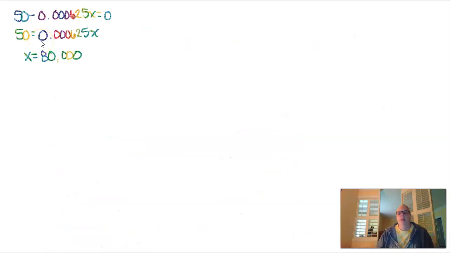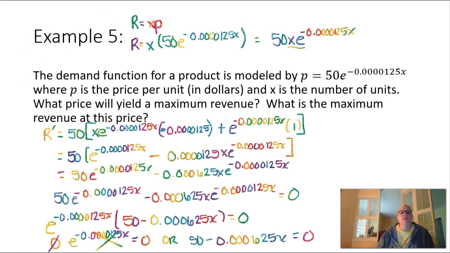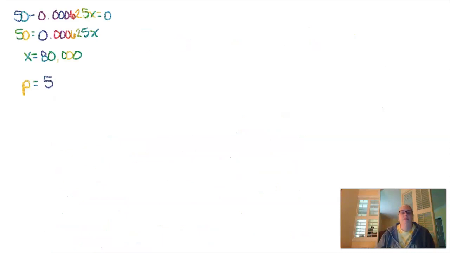Okay. So now we want to know what that price is when we make 80,000 of those units. So we're going to plug this back into our demand function. And our demand function was 50 times e to that exponent there. So 50 times e to the negative 0.0000125 times 80,000, because we want to know what the price is when they make 80,000 units.